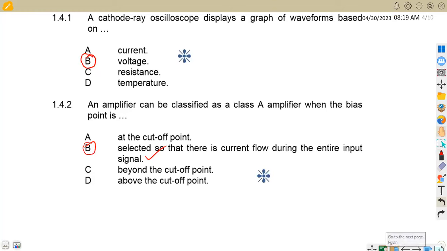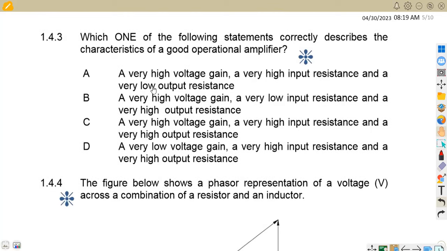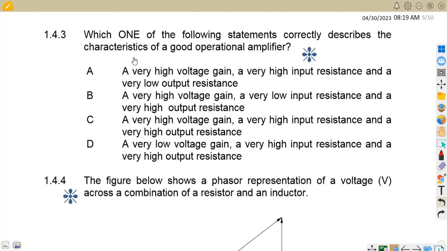All right, let's check the other part. We are given, which one of the following statements correctly describes the characteristics of a good operational amplifier? A very high voltage gain, a very high input resistance, and a very low output resistance.